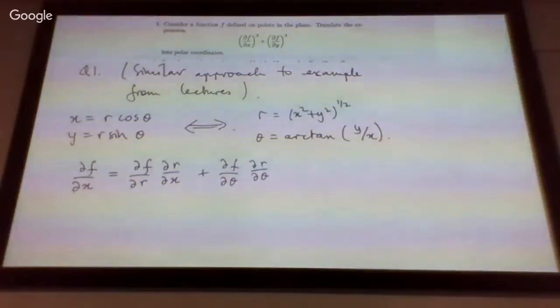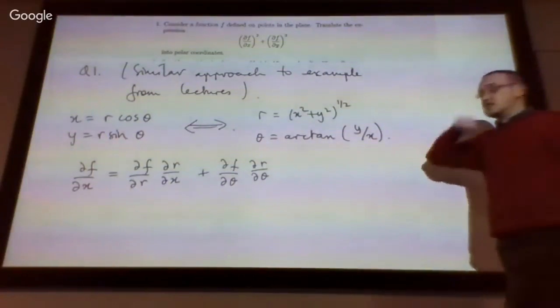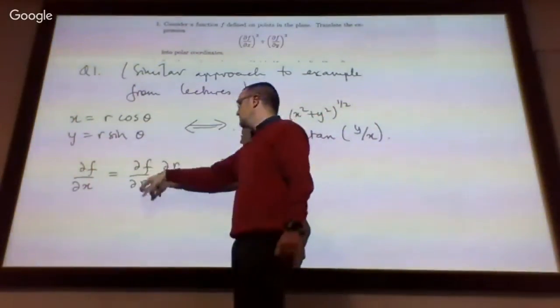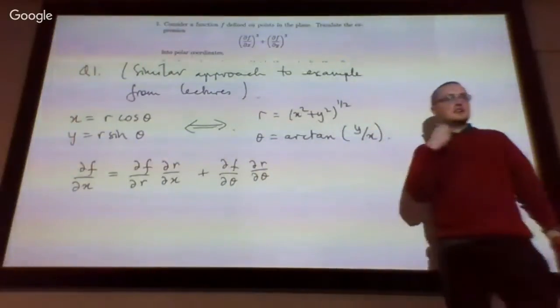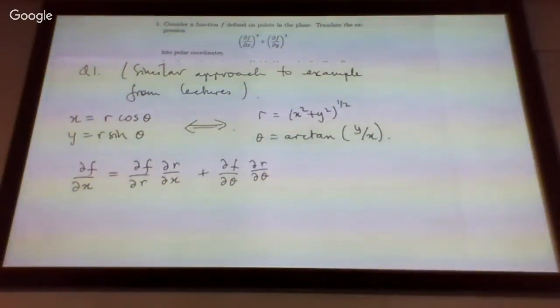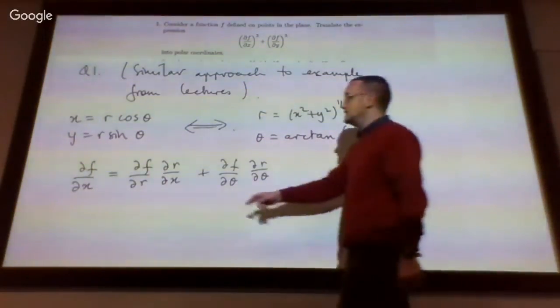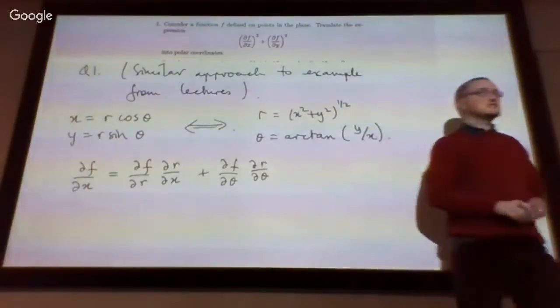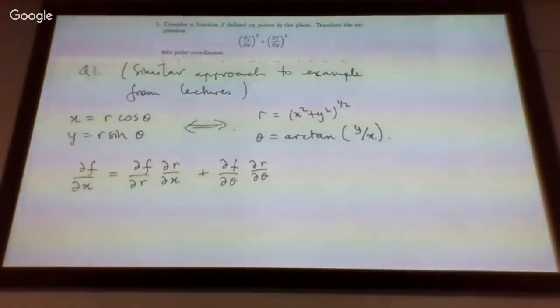Now we're dealing with the general function f, so there's nothing I can do with df dr and df d theta. I don't have any description of f to develop those with. The only thing I can do some work on are these expressions here, dr dx and d theta dx.